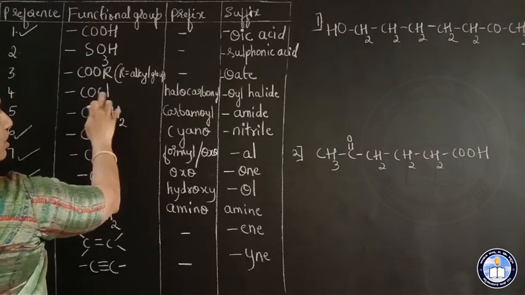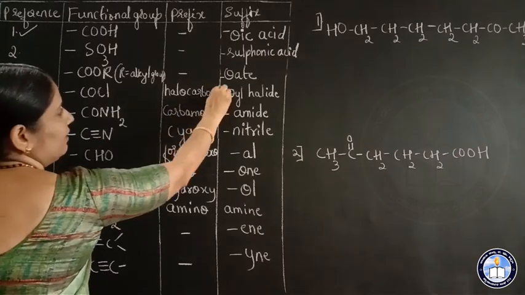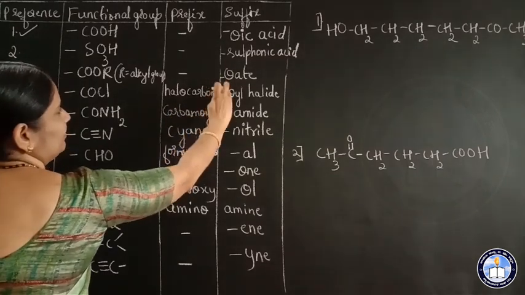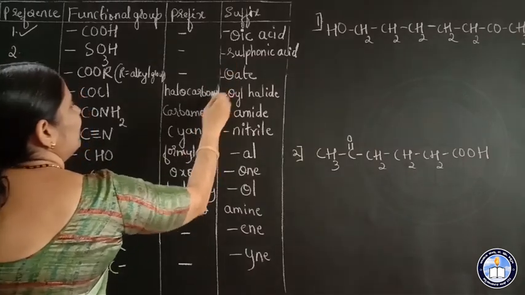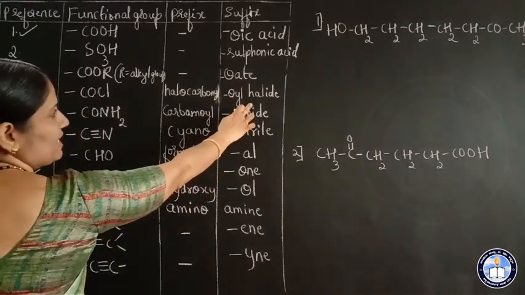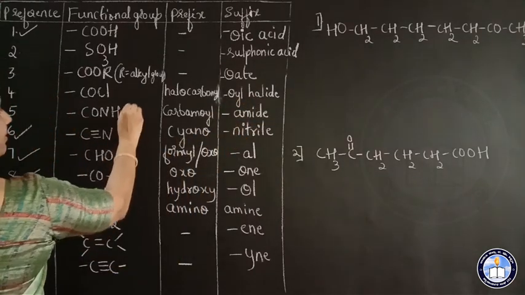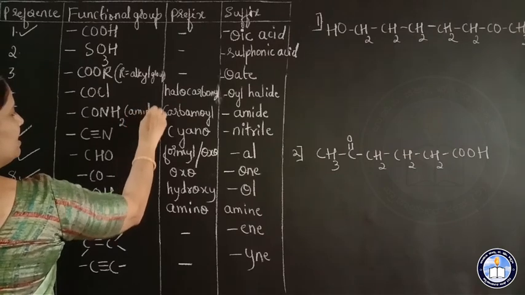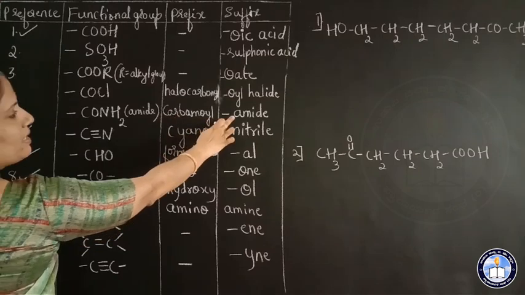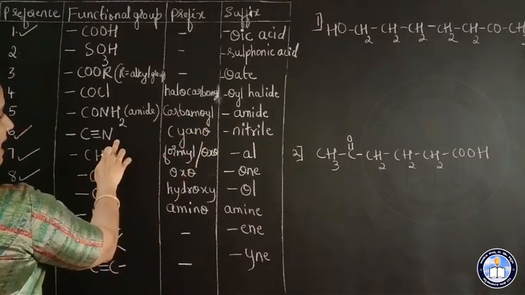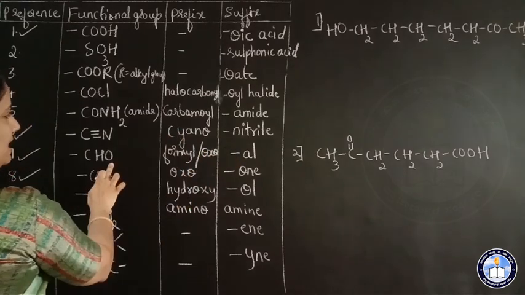COCl, acid chlorides: prefix is halocarbonyl, suffix is oyl halide. CONH2, this is amides: prefix is carbamoyl, suffix is amide. CN: prefix cyano, suffix nitrile.